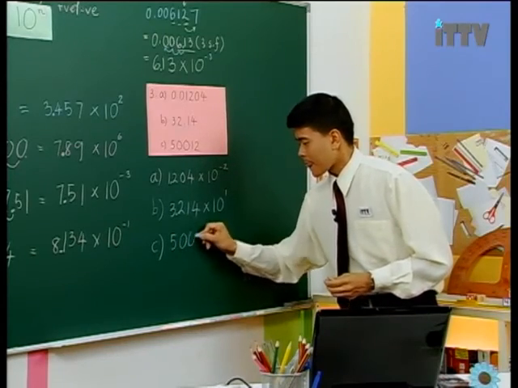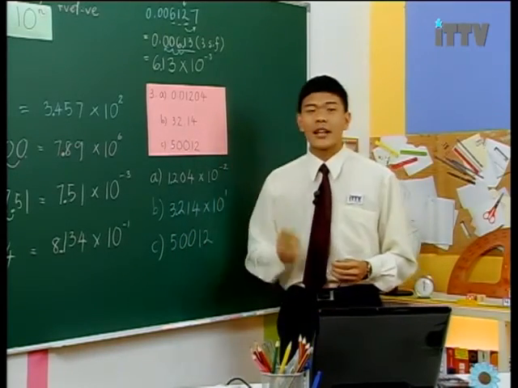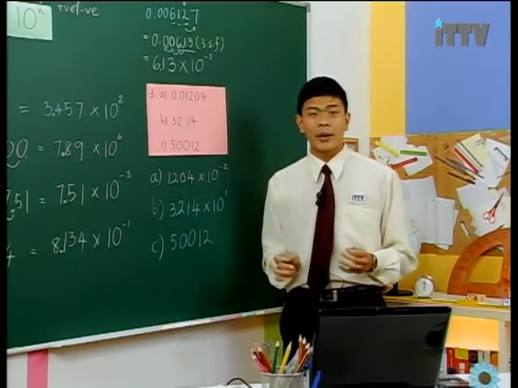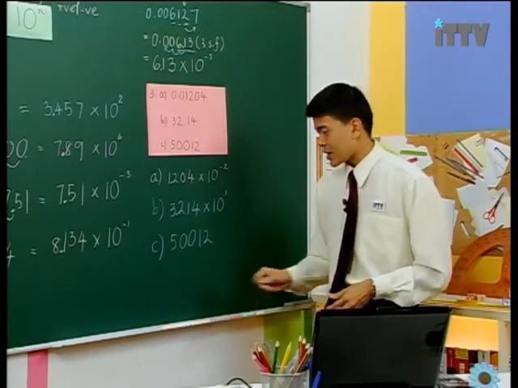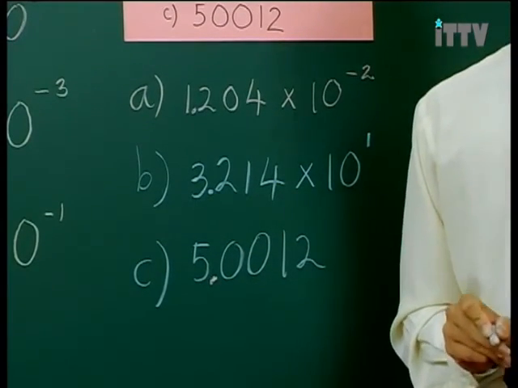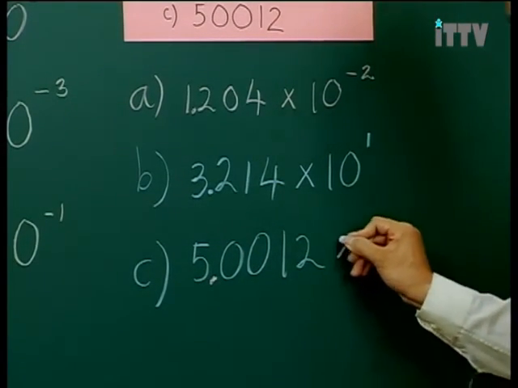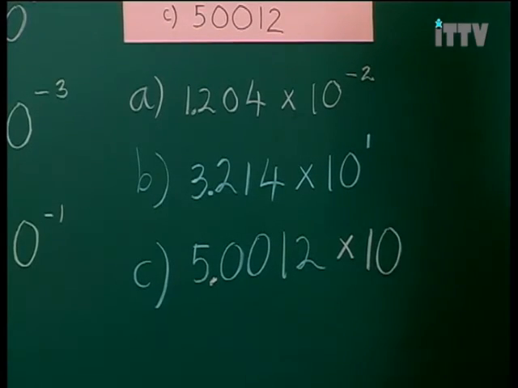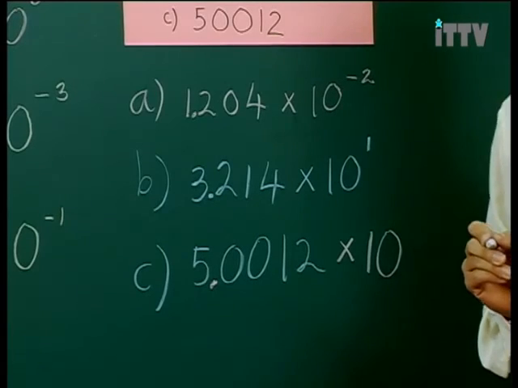First step, all the numbers are significant figures, so write them all. Second step, always remember, fill in the decimal to the right, and then rewrite 10, and lastly decide the index number.